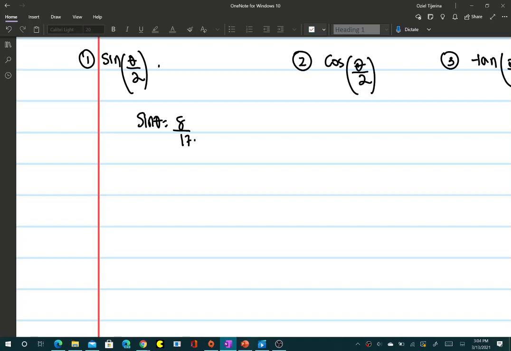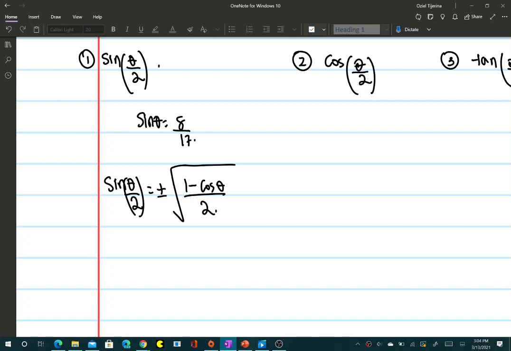So basically the trigonometric value depends on what quadrant it is. Sine of theta over 2 is known as plus or minus the square root of 1 minus cosine theta, all divided by 2, okay?